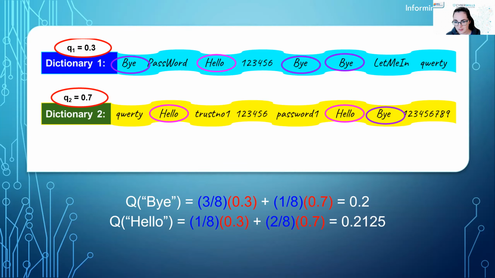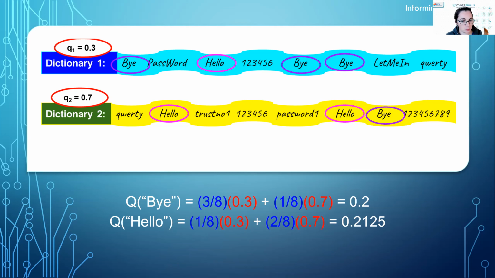And in order to figure out what word I should guess next, in dictionary 1, the word "by" appears 3 times out of 8 total words. So that's 3 out of 8, and then I multiply that by the weighting of my dictionary, Q1.